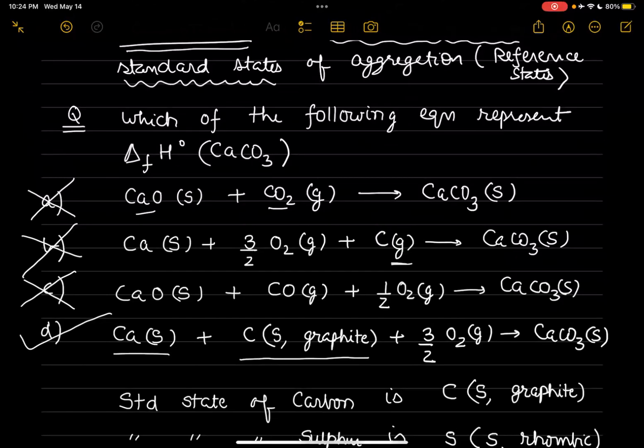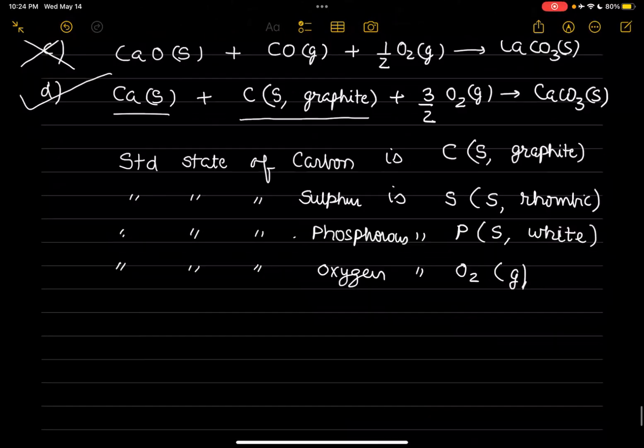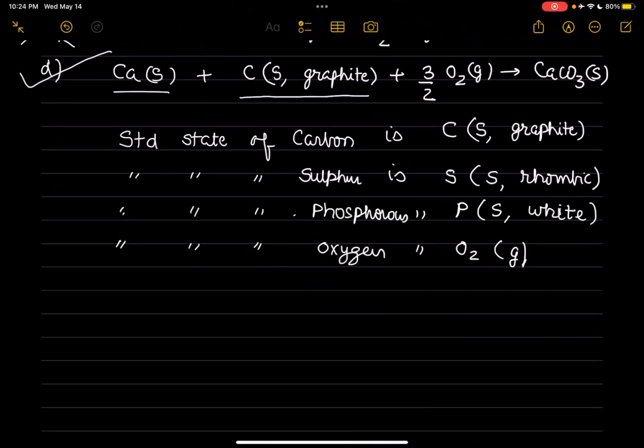From what? From pure elements in their standard states. That is called the enthalpy of formation of a compound. Got it? Okay. Note one more thing.